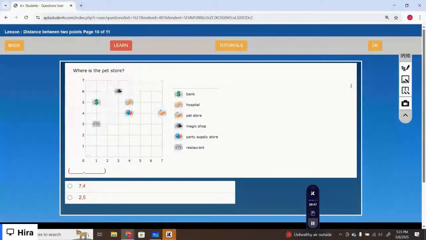Option number 1 is the correct option. That is (7, 4).